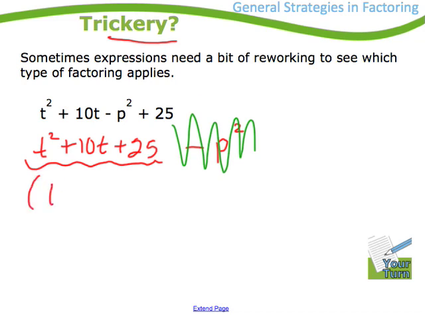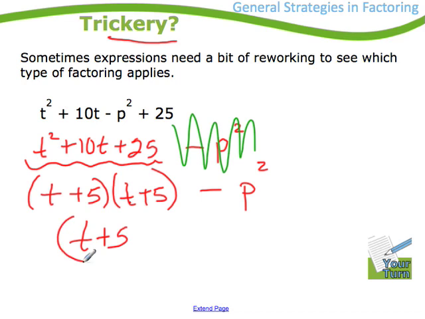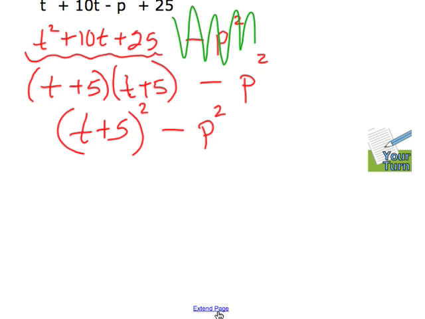So this will be t plus 5 times t plus 5. And of course, I should remember that I have that minus p squared there. But since this is a perfect square, I can rewrite it as t plus 5 all squared minus p squared. At this point, I'm feeling pretty cocky that I was able to get to that point. But then I look and I say, hey, this is a square, and this is a square, and it's a difference. So, hey, I could use difference of squares to solve that.